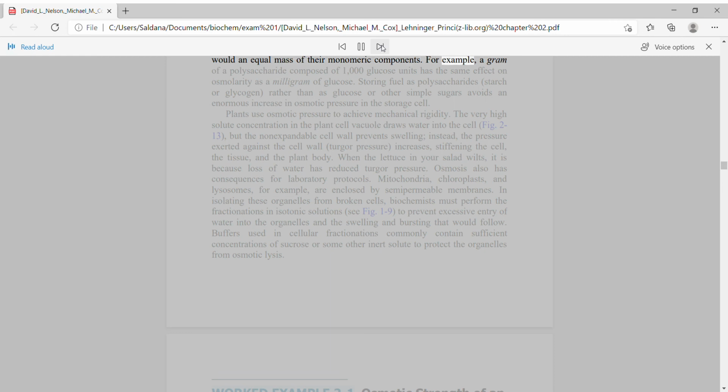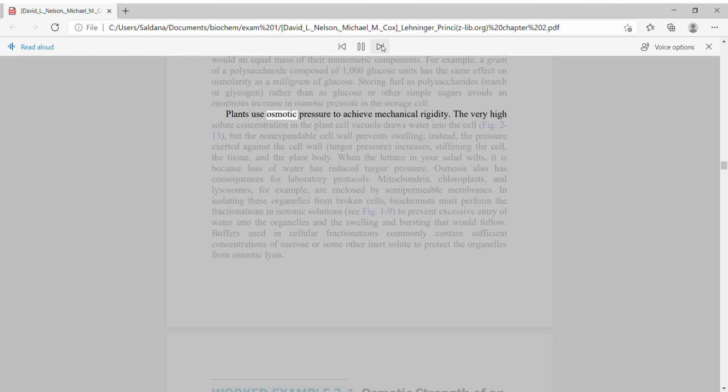For example, a gram of a polysaccharide composed of 1,000 glucose units has the same effect on osmolarity as a milligram of glucose. Storing fuel as polysaccharides (starch or glycogen) rather than as glucose or other simple sugars avoids an enormous increase in osmotic pressure in the storage cell.